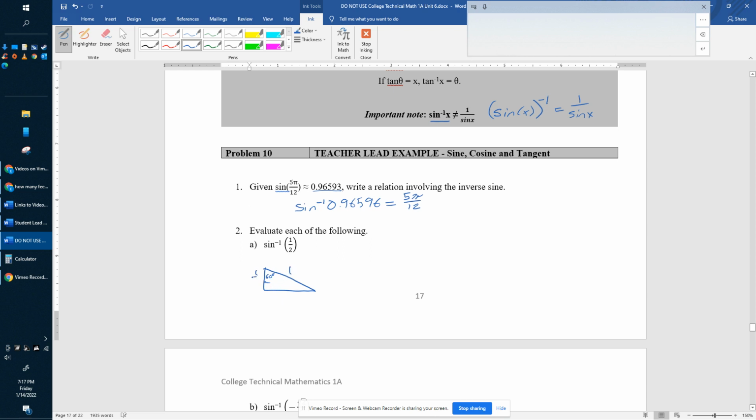Our shortest side is 1/2. This side is square root of 3 over 2. Which angle would we be taking the sine of to get 1/2 over 1? Which one is opposite of 1/2? 30 degrees. So 30 degrees is the inverse sine of 1/2.